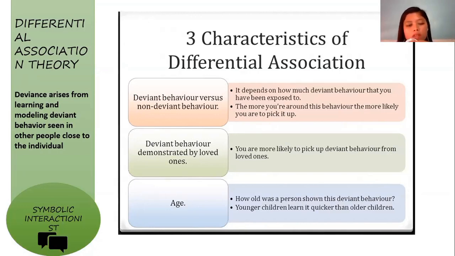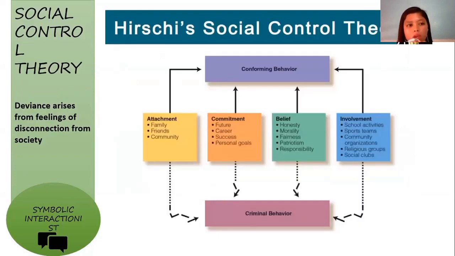Next, we have social control theory that is proposed by Travis Hirschi. Under this theory, it says that deviance arises from feelings of disconnection from society.